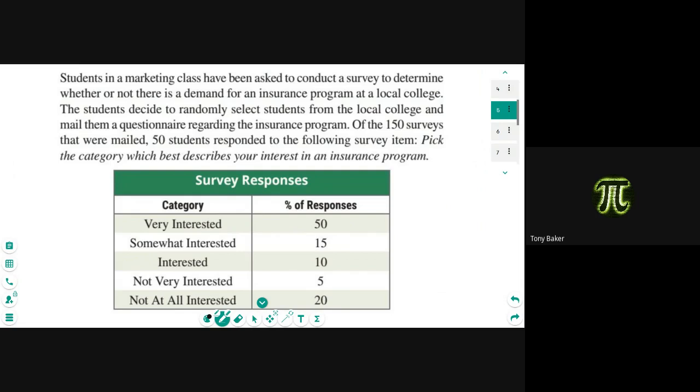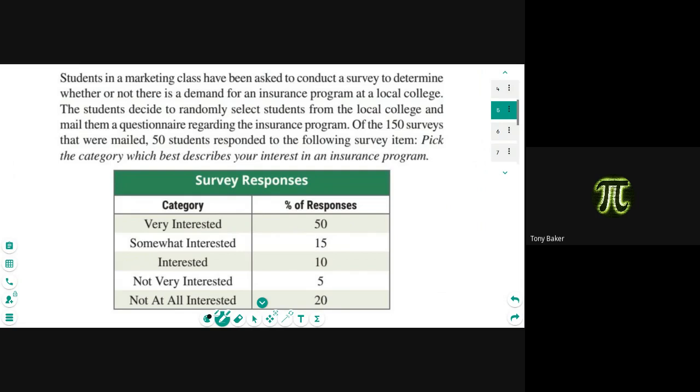Next question. Are there any biases that are apparent in the survey? The 50 students that responded, maybe more of them are interested in the insurance.